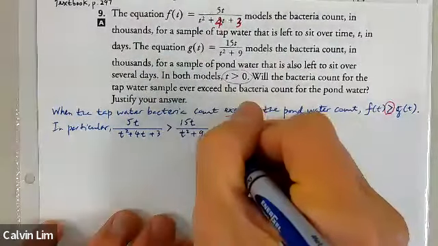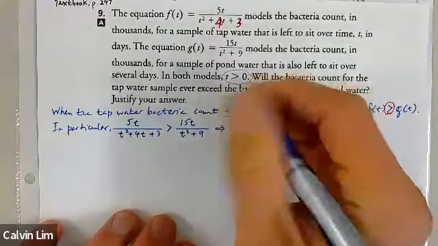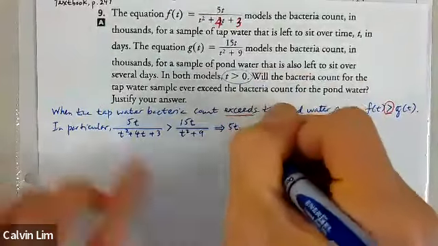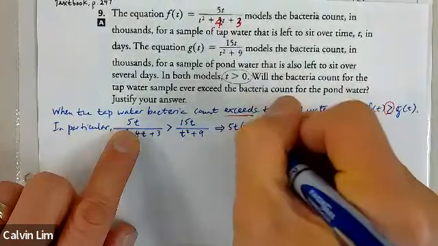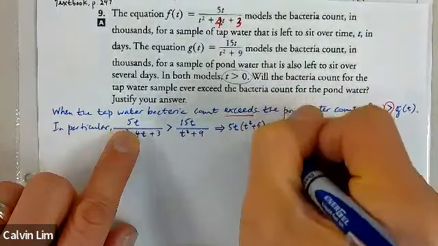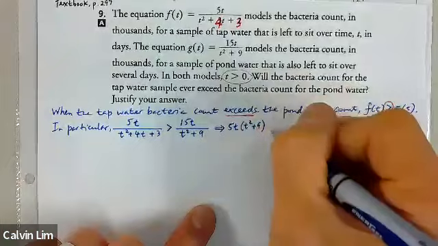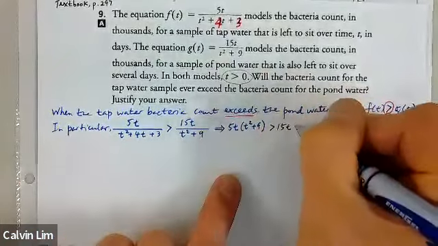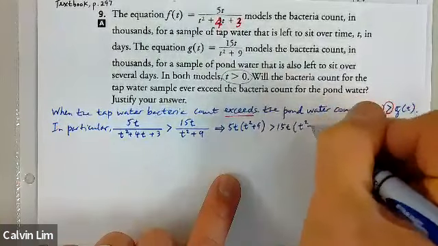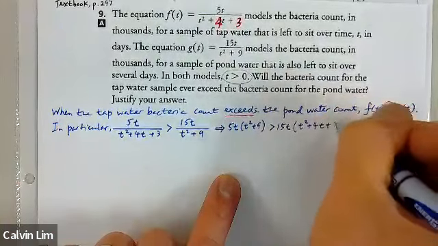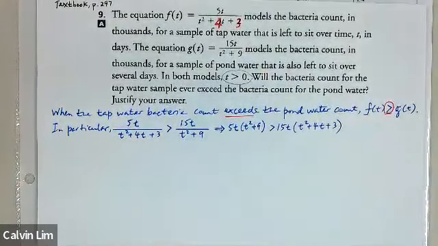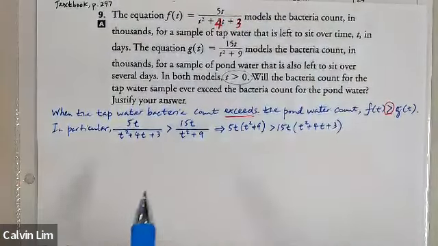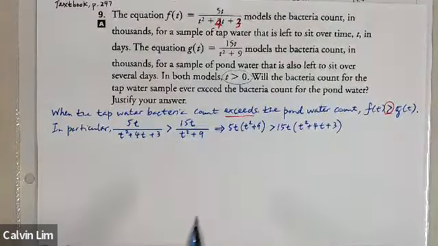So this implies that 5t, I can multiply both sides by t squared plus 9, is greater than 15t. I can also multiply both sides by t squared plus 4t plus 3. I can cross multiply in this case because whatever I'm multiplying is always positive.